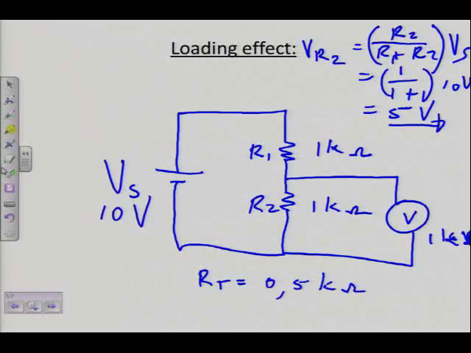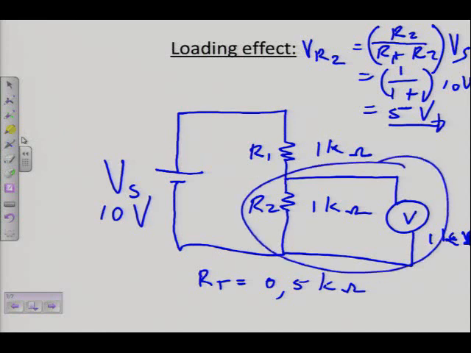And in engineering notation, I don't express anything in 0, something. Now I have to have between 1 and 3 digits before the comma, with the correct metric expression after that. Alright, so now if that total resistance of that section is 0.5, how is that going to influence my voltage reading?